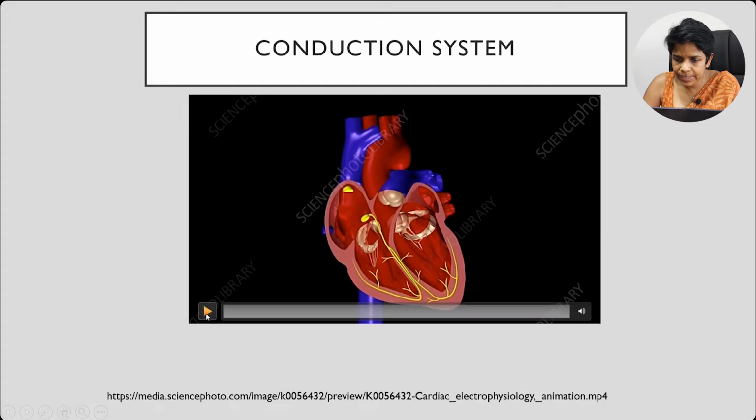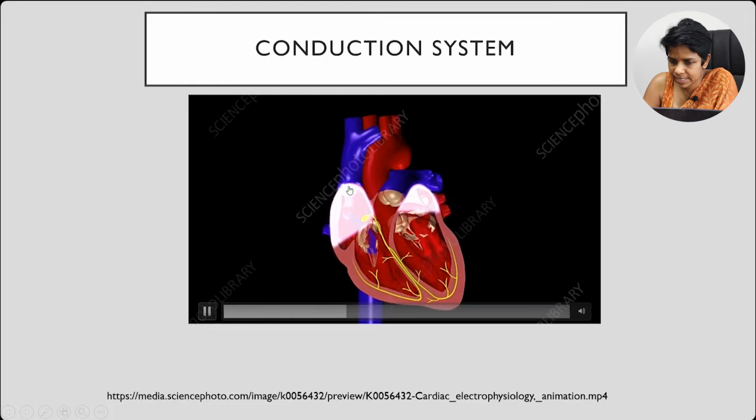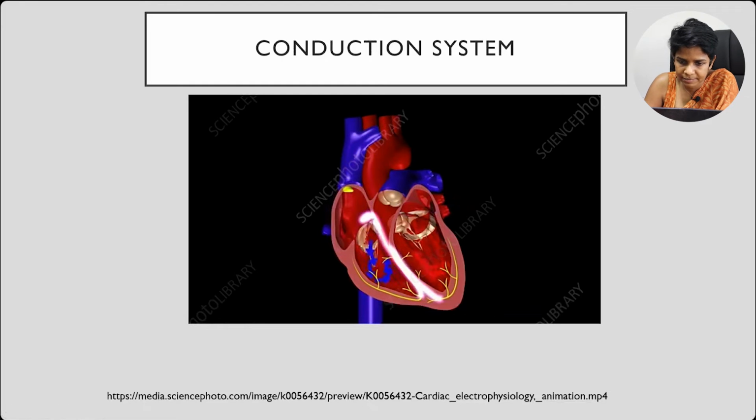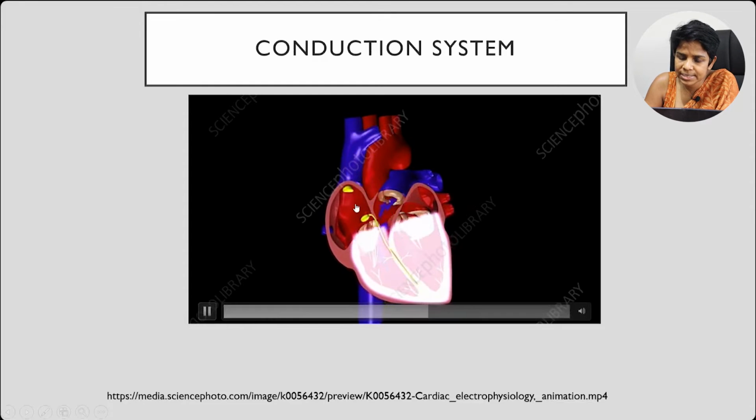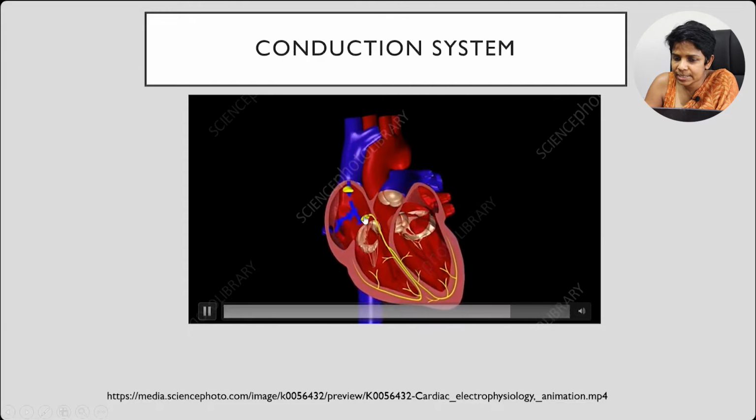So, during the cardiac cycle, electrical pulses generate from the SA node, which is the pacemaker of our heart, and then depolarization of the atria occurs, and then these electrical impulses through the AV node go into the His bundle and into the interventricular septum.